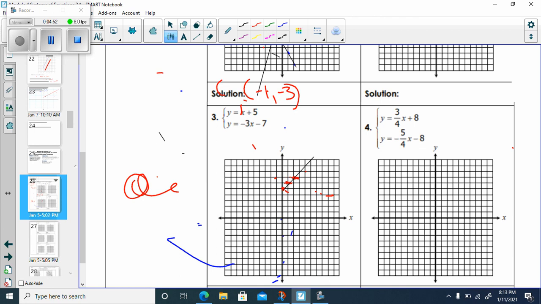1, 2, 3, 4, 5, 6. Let's see, that 7 would be right there. And then my slope is negative 3. So I go down 3, 1, 2, 3, and over 1. Okay, so now all I've got to do is plot my line.